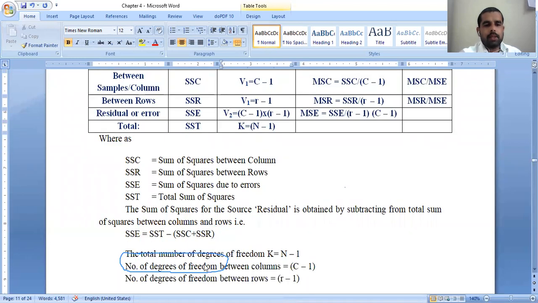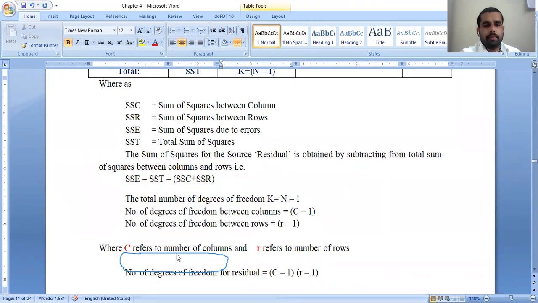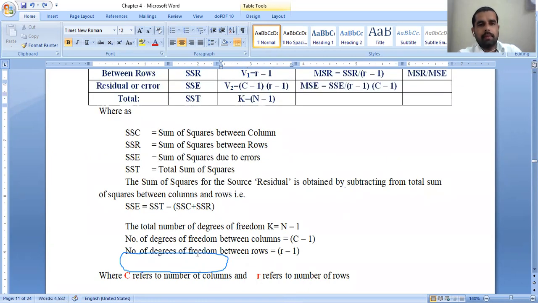The next one, observe carefully, the total degrees of freedom: k is equal to n minus 1. This is the last step here.